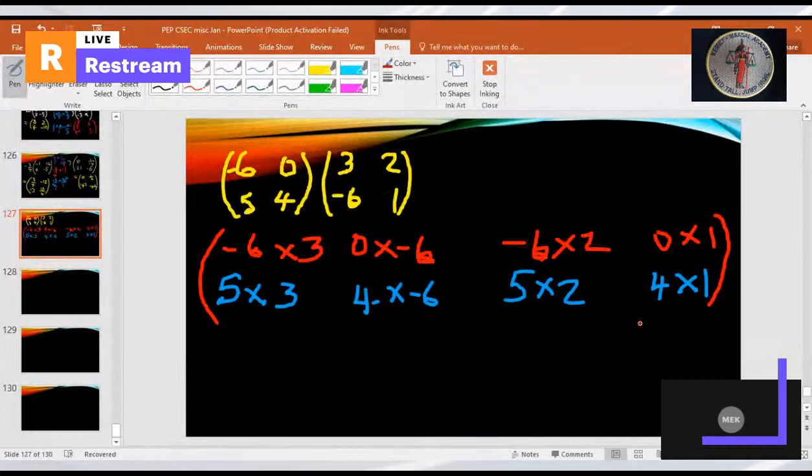So now we're going to work out each of these, and we're going to contract the brackets. So this is equal to, we need a smaller bracket. Negative 6 times 3 is negative 18, and 0 times negative 6 is 0.